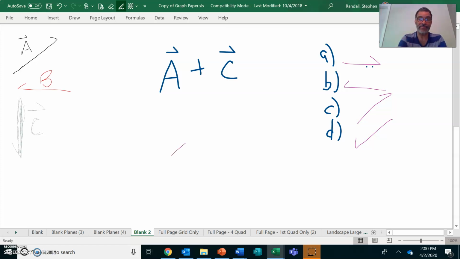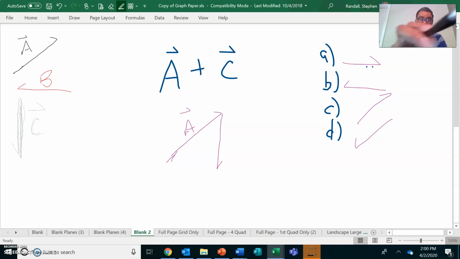Vector A, and it said the way we add vectors is we can either do the parallelogram method, or we can put them tip to tail. I like tip to tail because it describes the trip. So we went this direction, and then vector C we went to next. We went down, and how did we end up going?